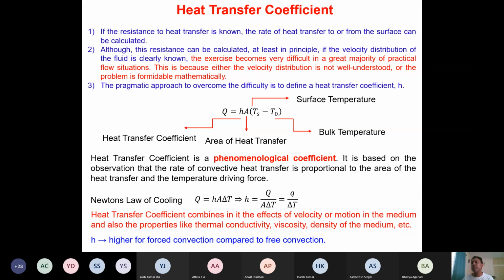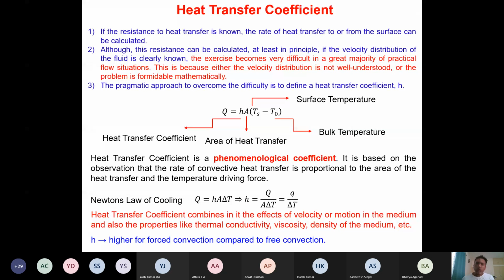Otherwise, since convection becomes important whenever there is fluid flow, in order to solve the problem one needs to first solve the velocity distribution, and then incorporate that velocity distribution in the heat balance, which in general becomes cumbersome mathematically.